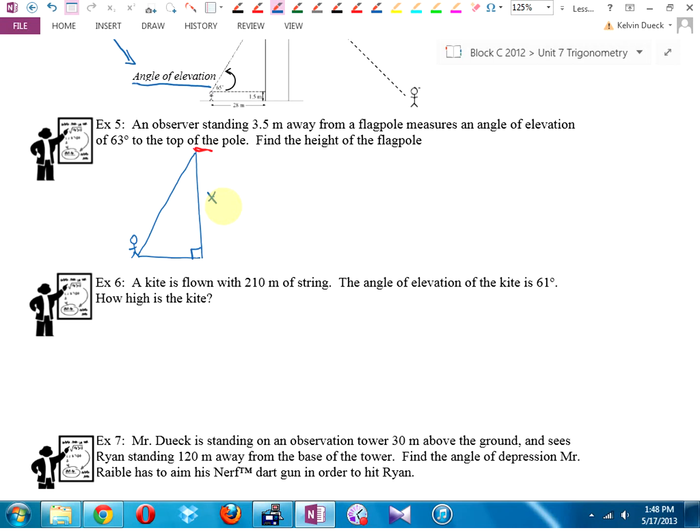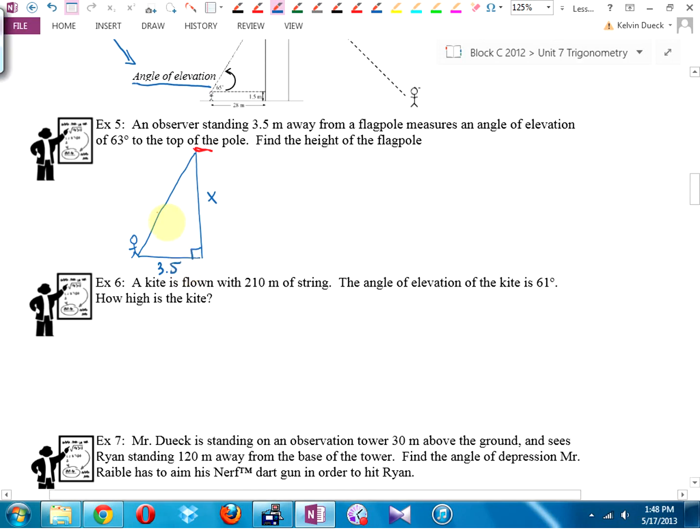They must have given us something else. I see that 3.5. 3.5 meters away from the flagpole. 3.5, is that going to go on the slanty side, or is that going to go on the horizontal, shorter side? And then they gave me an angle of elevation, which is from the ground up.